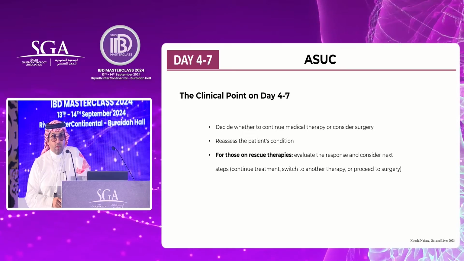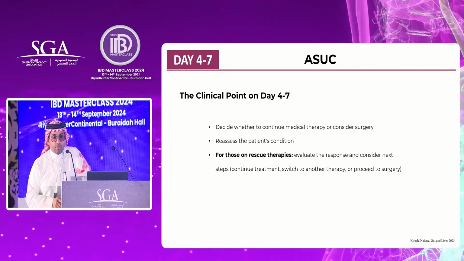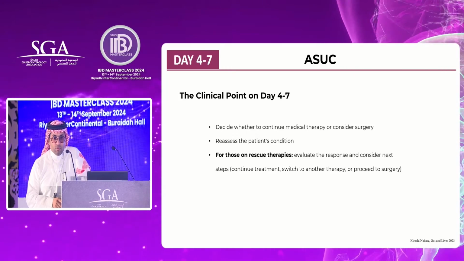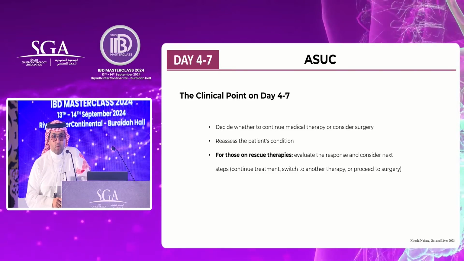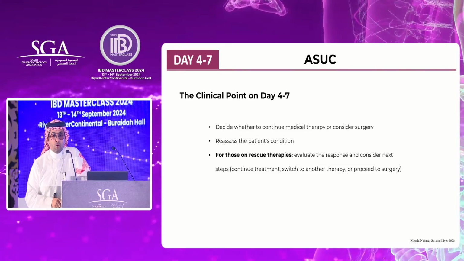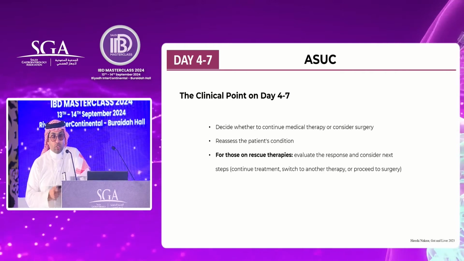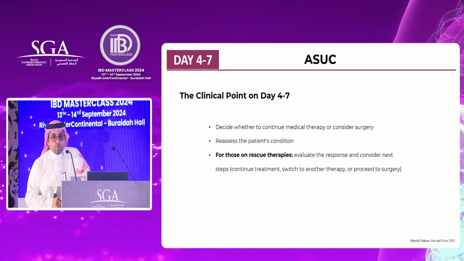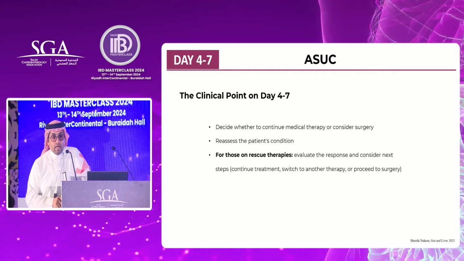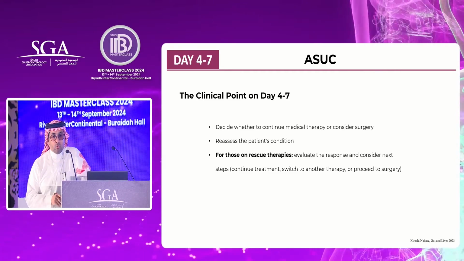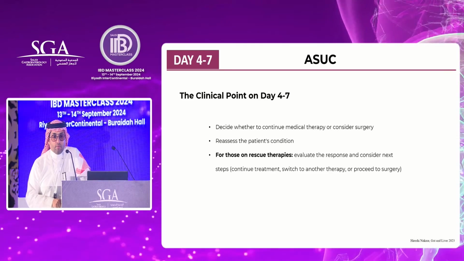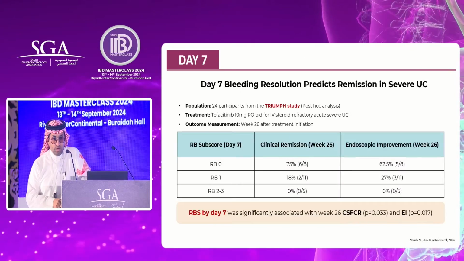So between day 4 and 7, we need again to decide whether to continue the medical therapy or consider surgery, and reassess the patient's condition. For those on rescue therapy, evaluate the response and consider the next step: either continue the treatment, switch to another therapy, or proceed to surgery.